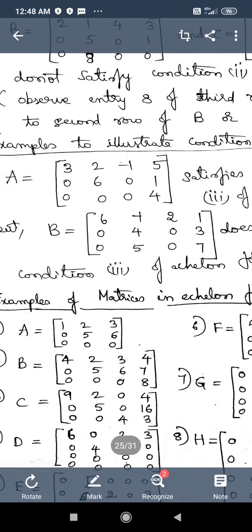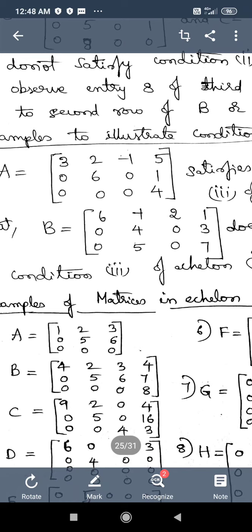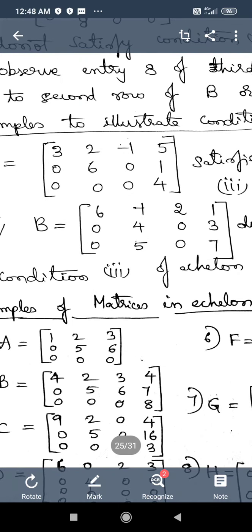And we can also see that in the first row the leading element is 1, and in the second row the leading element appears in the column to the right of it. That means in the second column we can see the leading element, which is 5 in the second row.